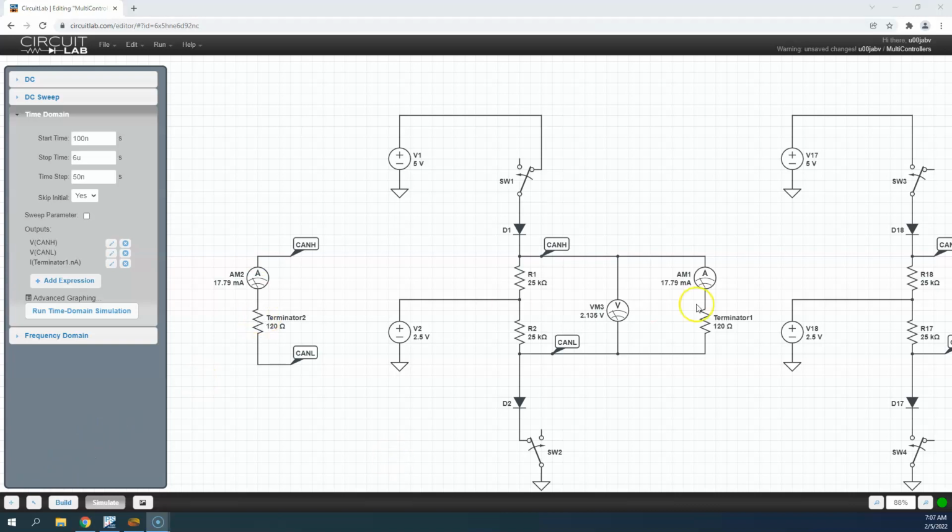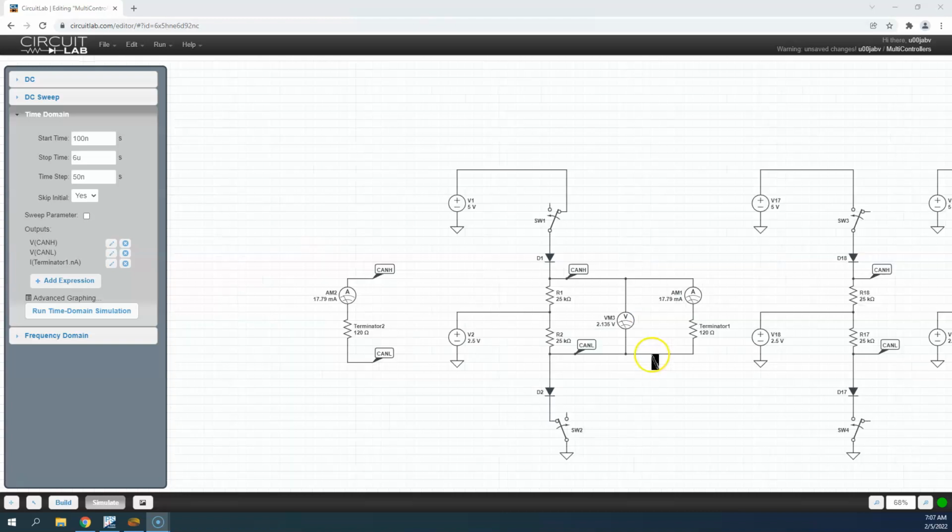Because these 2 terminators are in parallel with each other, the voltage that is dropped across the terminating resistors must be the same. Anywhere in a parallel circuit, the voltage dropped across parallel components has to be identical. Otherwise, you have to have another place for the voltage to drop. And we're assuming no wire resistance, therefore all of the voltage is dropped across our terminating resistors.